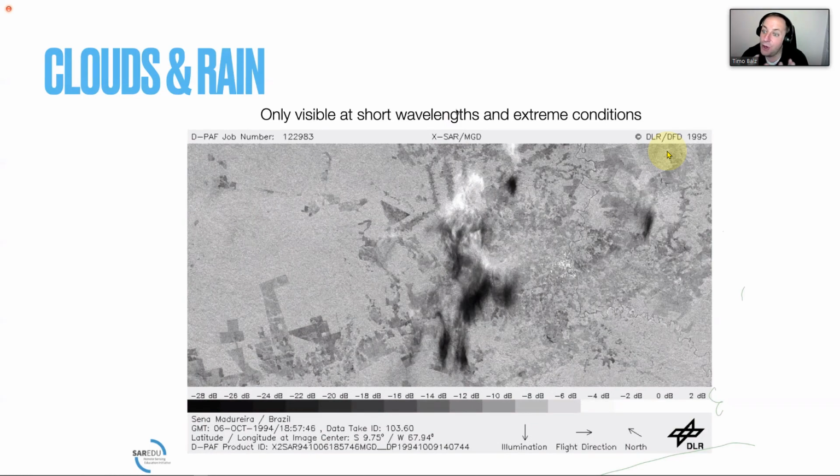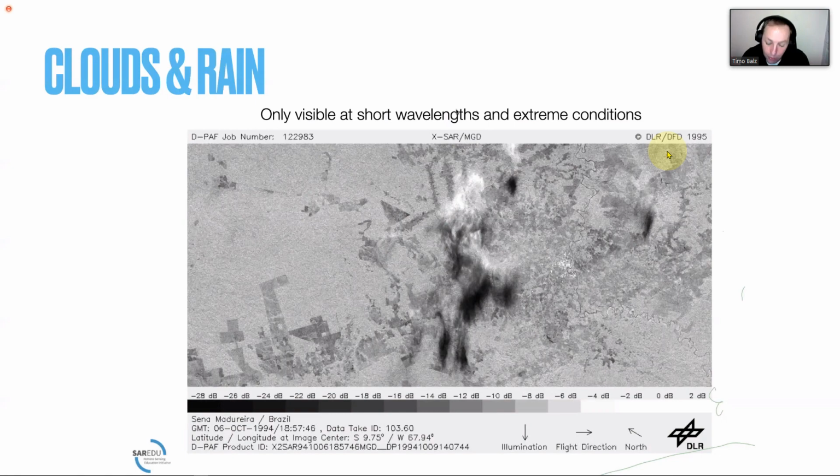That can happen, but not very often. With typical normal rainfall, your signal goes through. But with very strong rain, a tropical rainstorm or hurricane, it may get reflected, especially in X-band, in this short 3 centimeter wavelength.